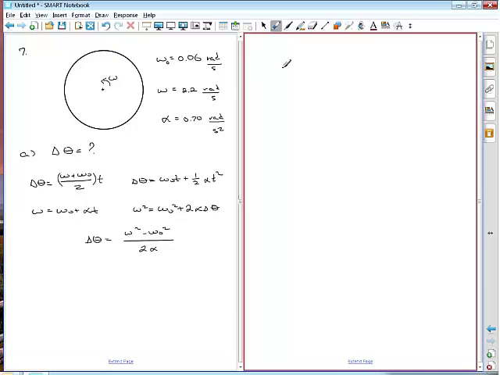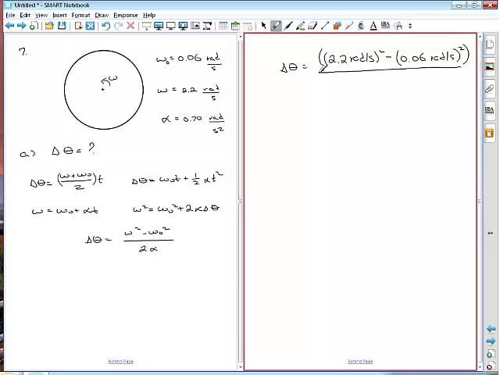So now we just need to plug the numbers in. So delta theta, the angle through which it rotates, is omega, 2.2 radians per second. We square that. We subtract off omega 0, 0.06 radians per second. We square that.